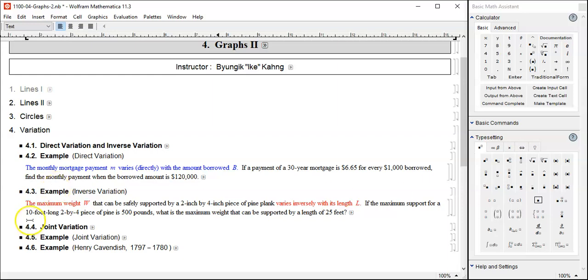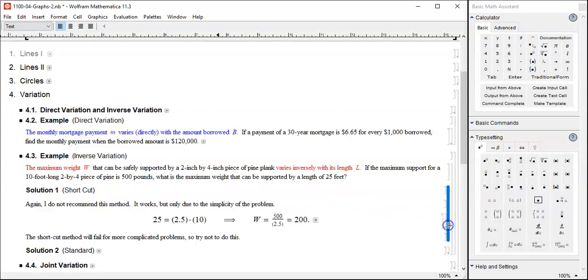In this case, a 10-foot long plank, now 25 feet. So we have basically 2.5-folded multiplication. So how do we handle the weight? We divide by 2.5, and that's how the computation goes. Again, simple and elegant, and this gives you a really good understanding of what an inverse variation means.